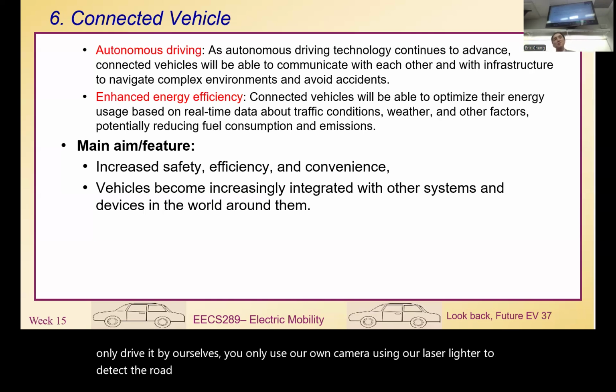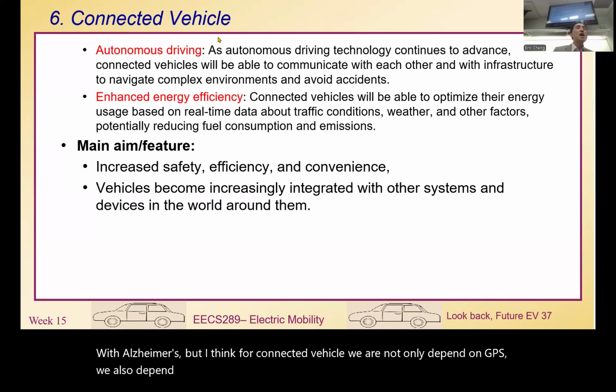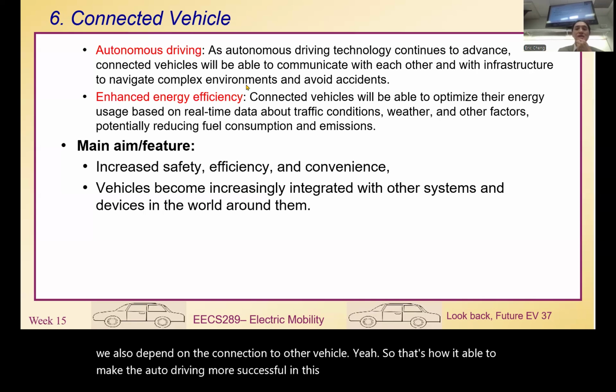Maybe you are also using GPS. GPS is only one thing we connect to the outside world. But for connected vehicles, we not only depend on GPS, we also depend on the connection to other vehicles. That's how you are able to make autonomous driving more successful. In this case, you can avoid any complex environment and avoid accidents.